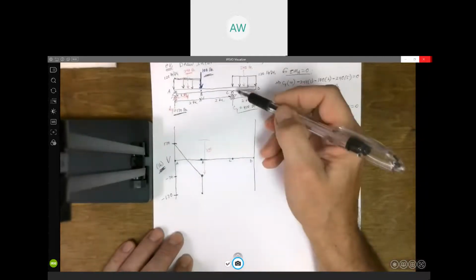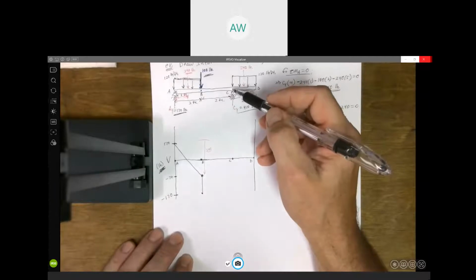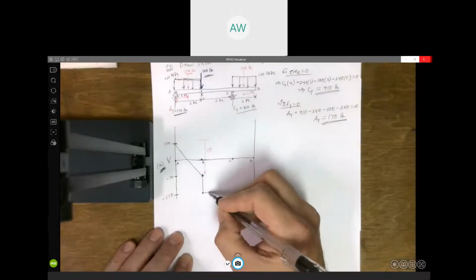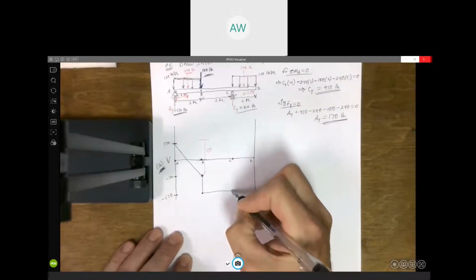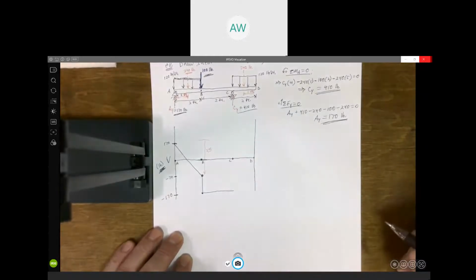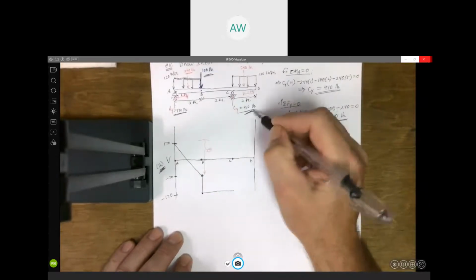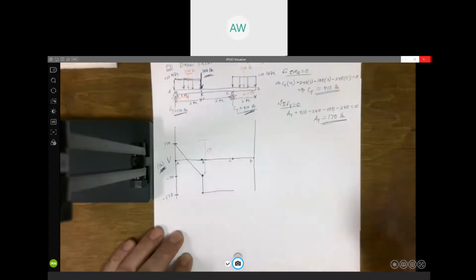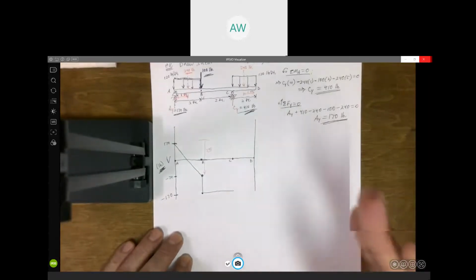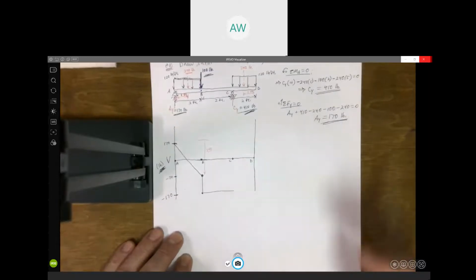Now between B and C, there are no forces. So it stays constant between B and C. Just go straight across, does not change. No increase or decrease. Now at C, we can't forget we've got this support reaction, a concentrated force. This one's acting up. So we're going to go up 410.